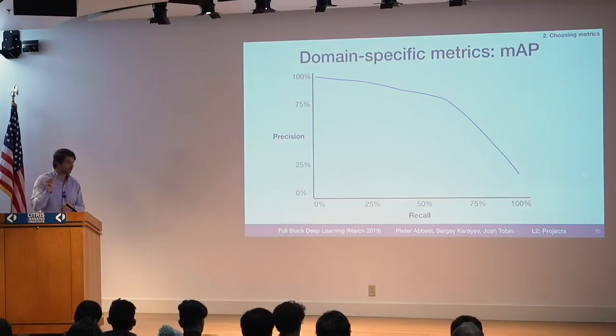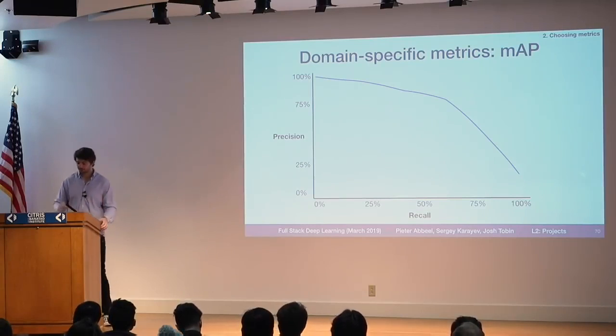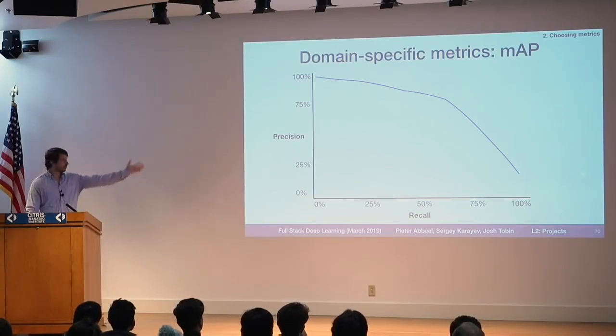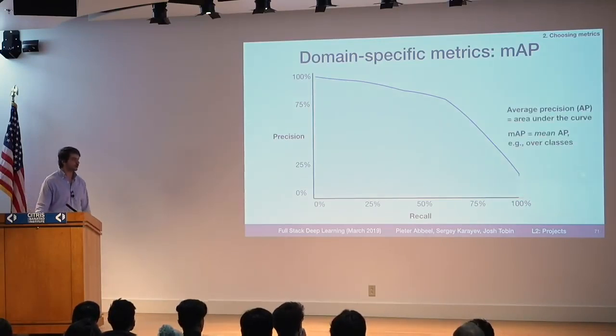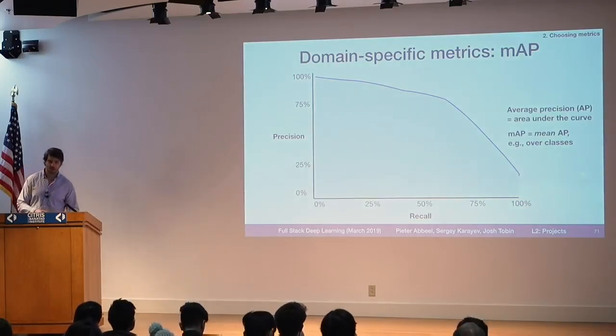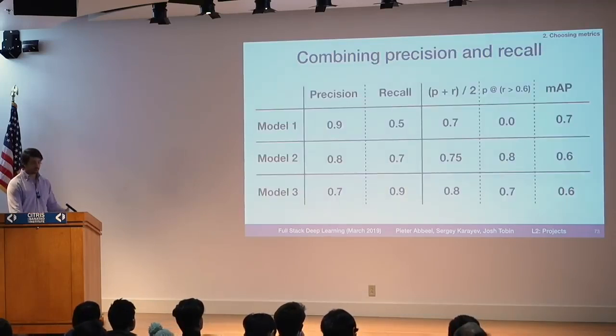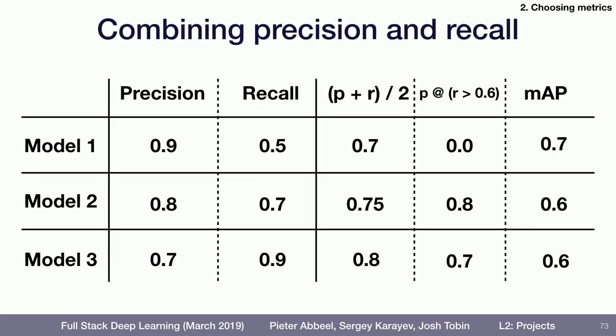So you can tune your precision by adjusting the recall of your model. And so this gives you a curve where you plot recall on the x-axis and precision on the y-axis. And if you compute the area under this curve, that's called the average precision. And then you can average your average precision over all of your classes, and it gives you a metric called mean average precision. And so maybe we'll compute the mean average precision for these 3 models, and we might find out that model 1 is best.